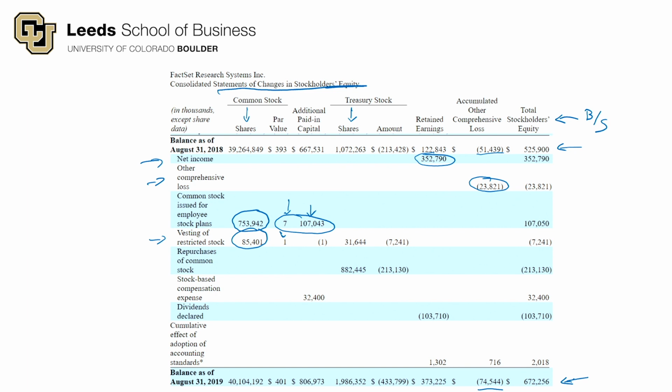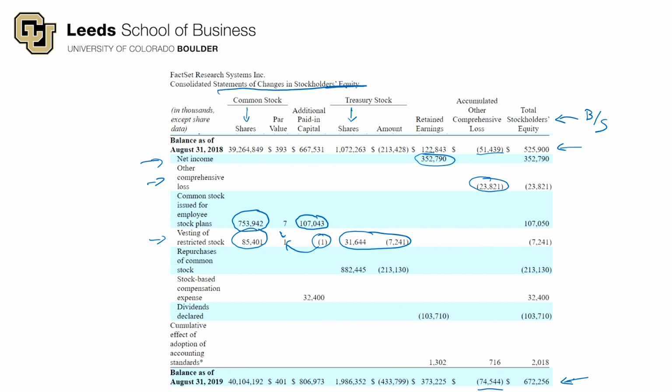So rather than getting cash and increasing additional paid-in capital, like we did when employees purchased the stock, we actually just subtract that out of additional paid-in capital because we're just giving the stock to their employees. And by the way, they're using some treasury stock to settle their restricted stock obligation there.